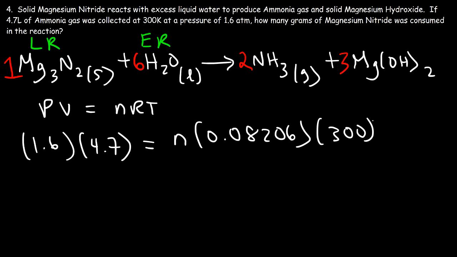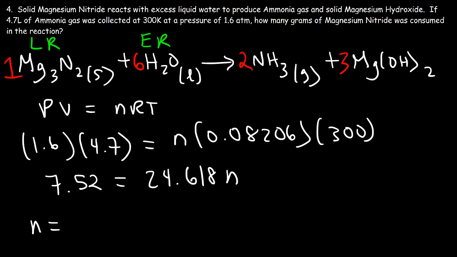So first, let's multiply 1.6 by 4.7. So that's 7.52. And then let's multiply 0.08206 times 300. So that's 24.618 times n.